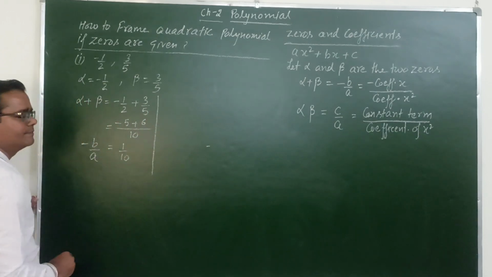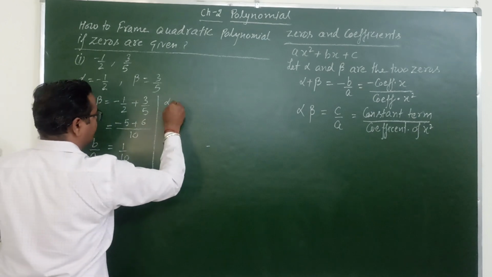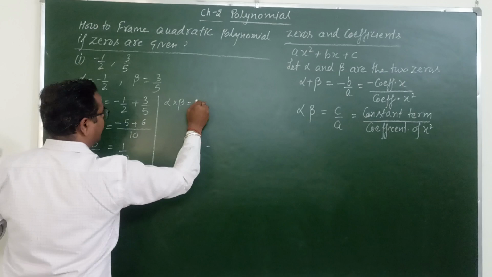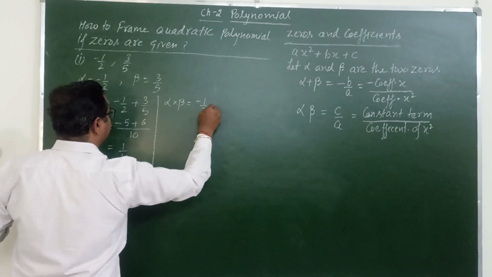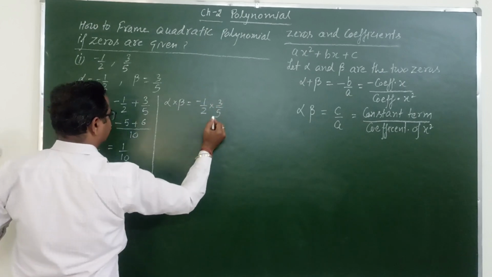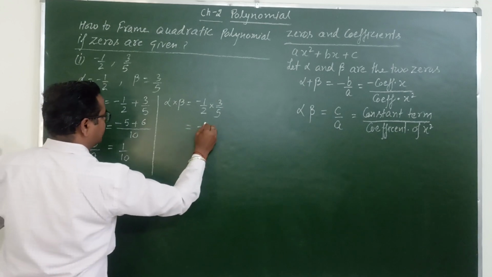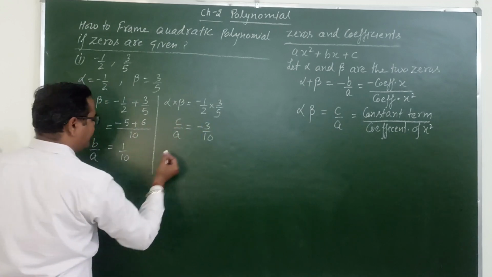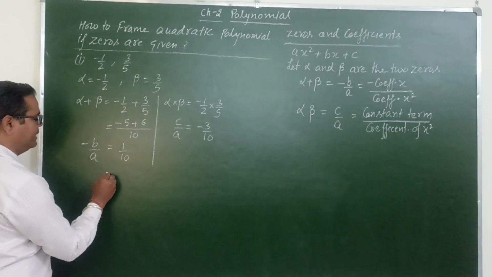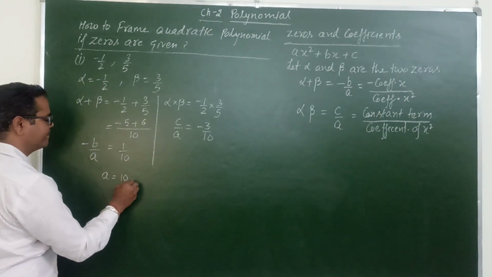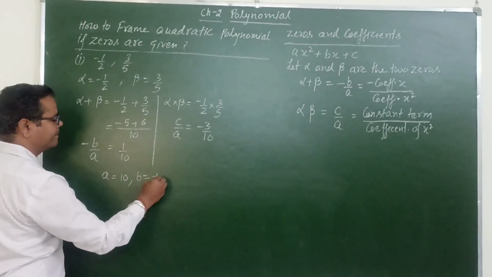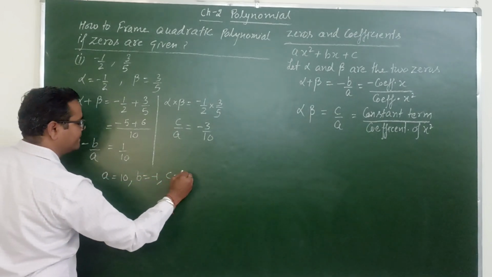On the other side, multiply them. Alpha into beta is minus 1 by 2 and 3 over 5, which is minus 3 by 10, that is c over a. By comparing them, what will we get? a is 10, minus b is 1, that's why b is minus 1, c is minus 3.